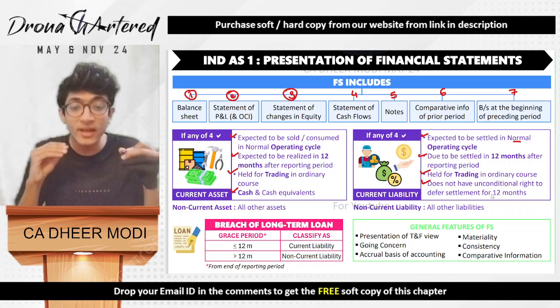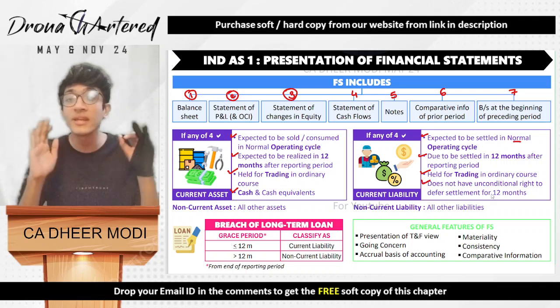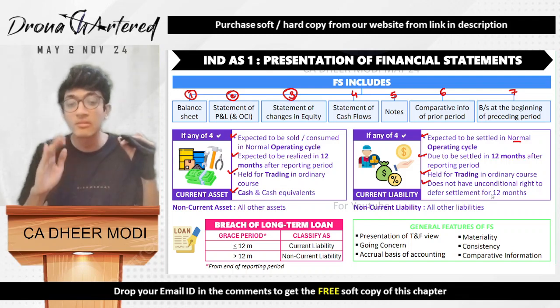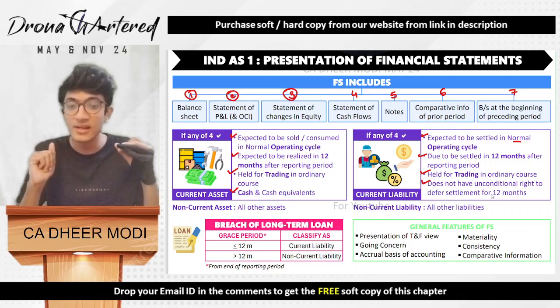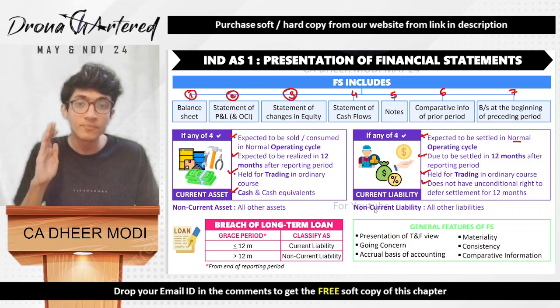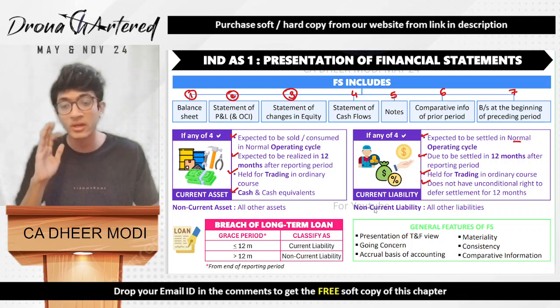That means without any condition, you cannot defer this payment. Only in such a case will this be considered a current liability. All other liabilities become your non-current liabilities. Any liability which is not a current liability becomes your non-current liability.